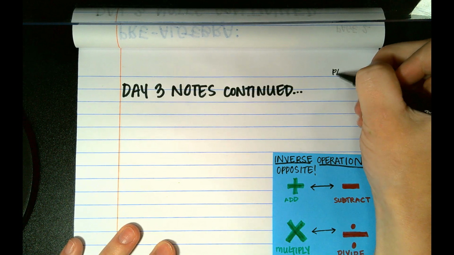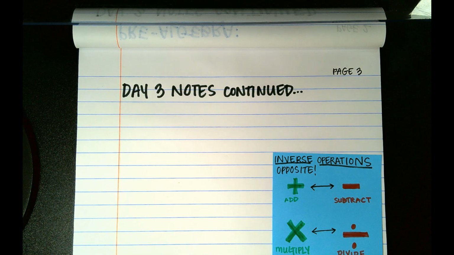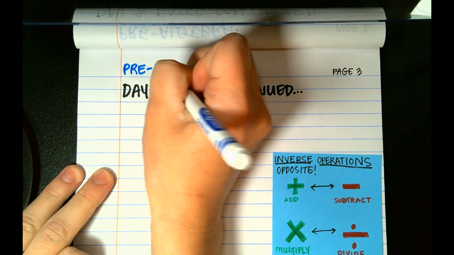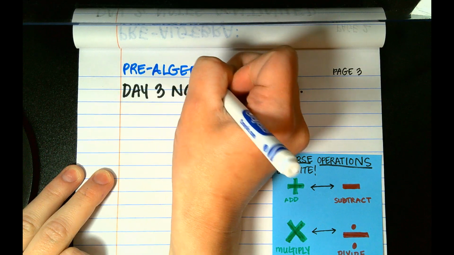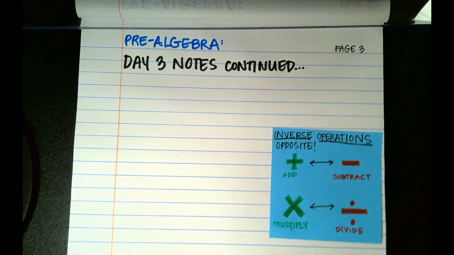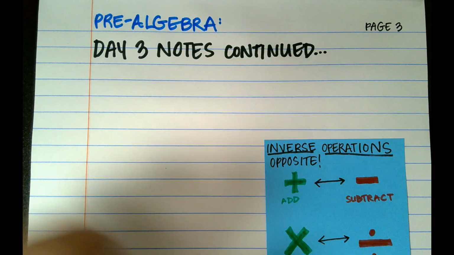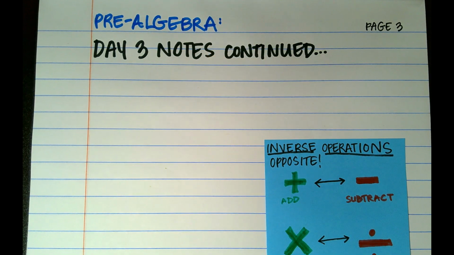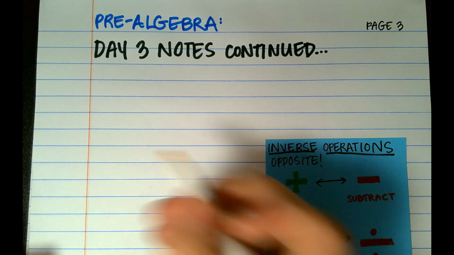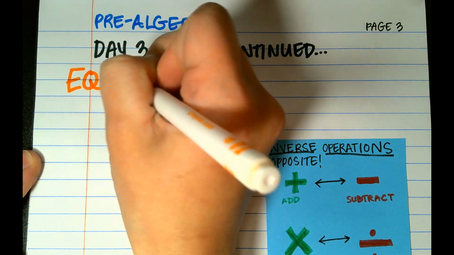Pre-Alg here. I think it's a good idea to title your pages. That way when you're flipping back through your notes, you're not just looking at a jumble of numbers. You have some sort of title. So I'm going to write equations again.